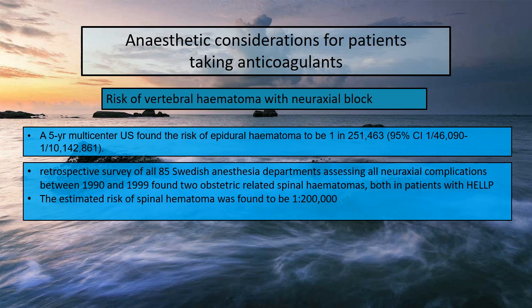A retrospective survey of all 85 Swedish anesthesia departments assessing all neuraxial complications found 2 obstetric-related spinal hematomas, both in patients with HELLP syndrome. The estimated risk of spinal hematoma was 1 in 200,000 patients, which is not that far off from the multicenter studies in the US.